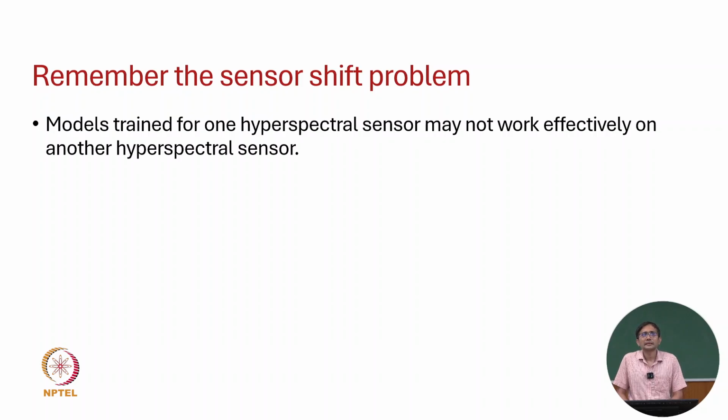we are towards the very end of our discussion on hyperspectral image analysis. However, before ending this, let us remember the sensor shift problem that we have mentioned before, that models trained for one hyperspectral sensor may not work effectively on another hyperspectral sensor.